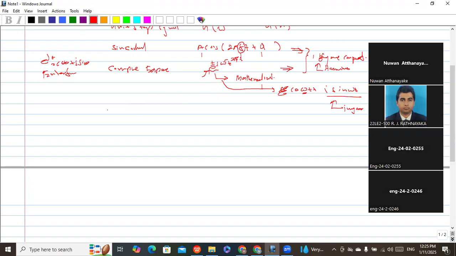If we consider any arbitrary signal, it can be a sawtooth signal or a square wave signal. These can be mathematically represented as a collection of harmonics, as a collection of sinusoidal terms or complex exponential terms.